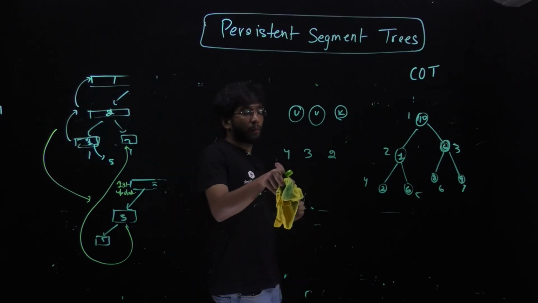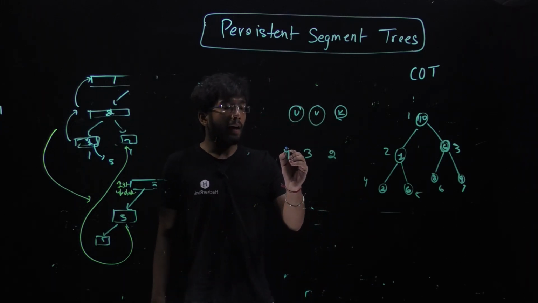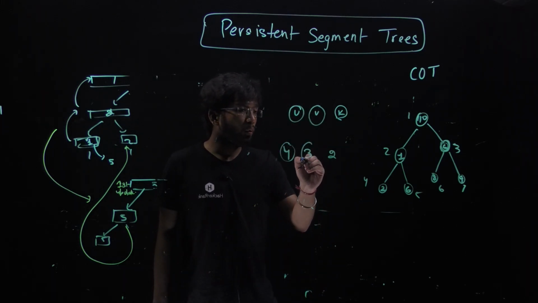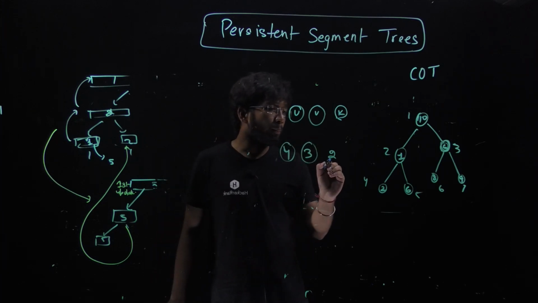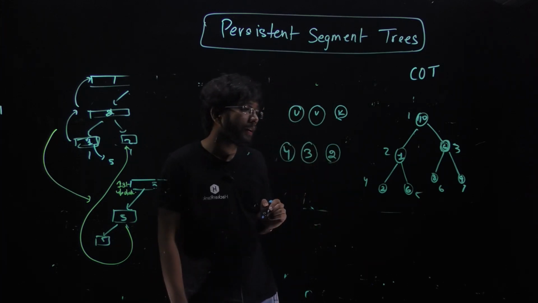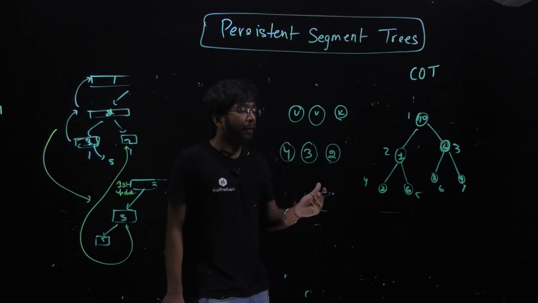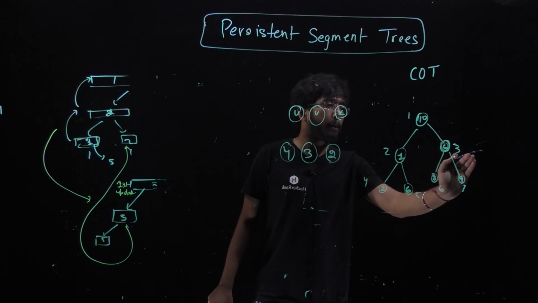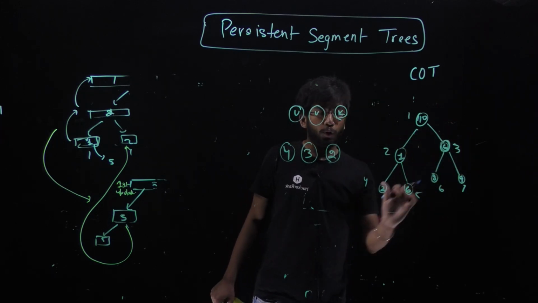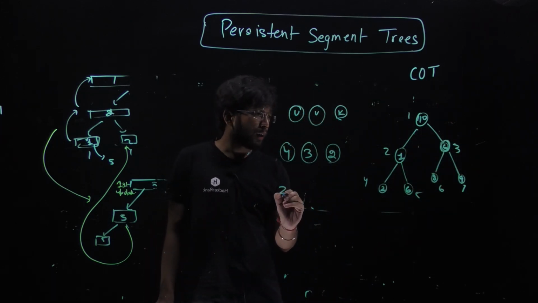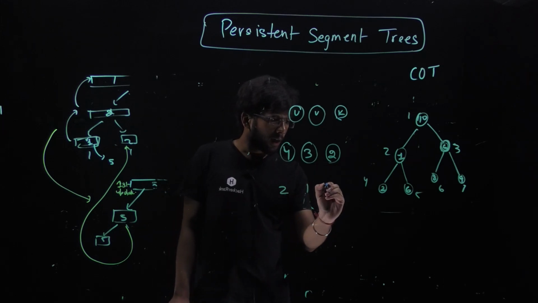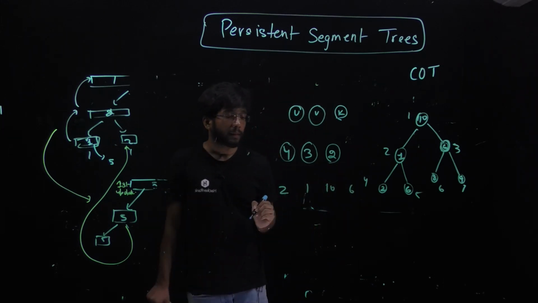4, 3, 2 means that on the path from node 4 to node 3, we need to print the second element in the sorted order. What that means is, first of all, we need to see all the elements present on the path from 4 to 3. The elements are 2, 1, 10 and 6.